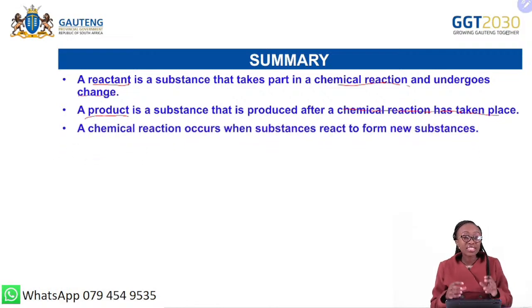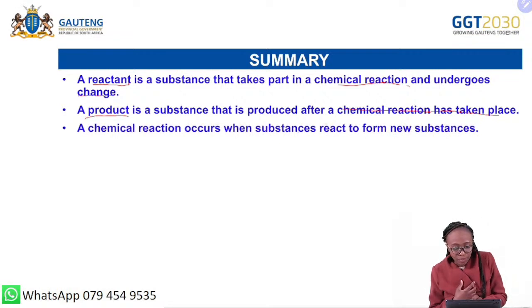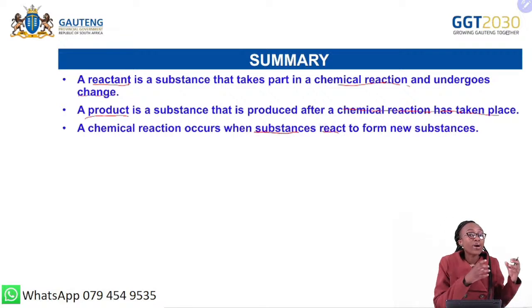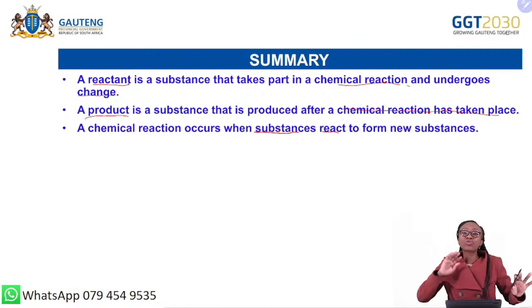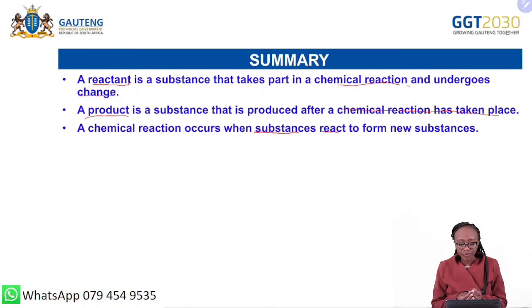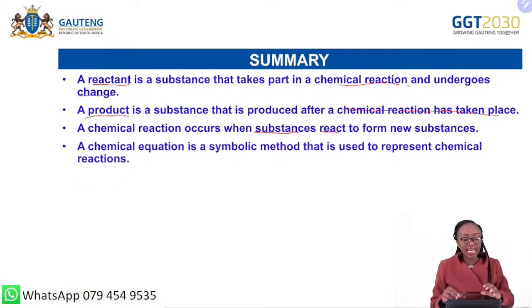And then we learned that a chemical reaction occurs when substances react to form new substances. So our reactants react during the process of a chemical reaction to produce new substances. Reactants react to produce products. Simple enough, isn't it?